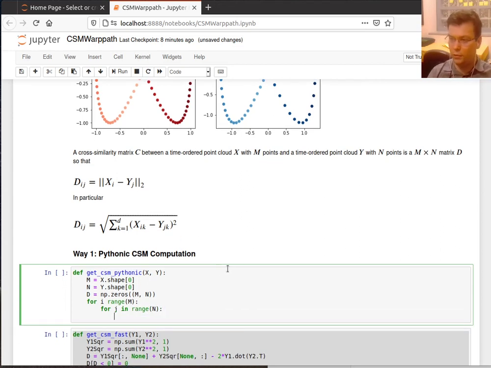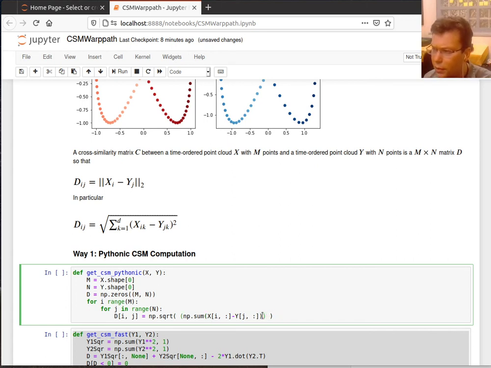And now I'm going to say d at row i, column j, is equal to the square root of the sum of xi minus, so the row i of x minus the row j of y, quantity squared. So I want to take the difference of every element, and I want to square that.